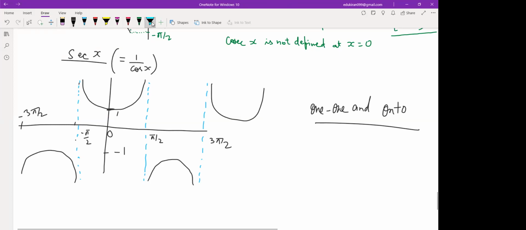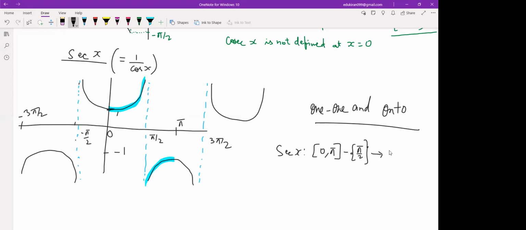So if you want to make it 1, 1 and onto, you will take this part and this part. So just like cos also, so sec x will be 0 to pi except pi by 2, because at pi by 2 it is not defined, to minus infinity comma minus 1 union 1 comma infinity as it was in cosec x.